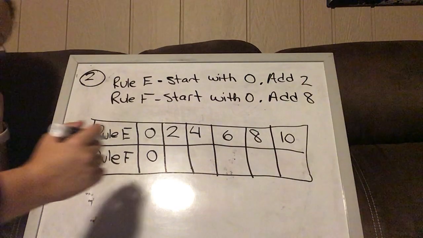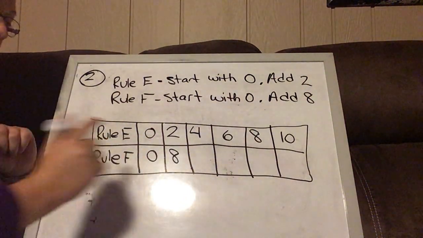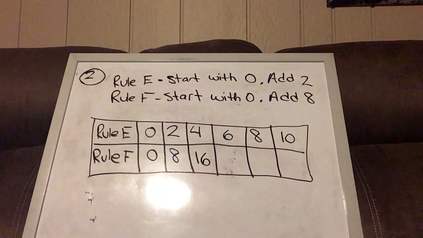Alright, then my 8's, I add 8. So when I add 8 to 0, I get 8. And then you can go through your multiples of 8 to continue that one. 8, 16, 24, 32, and so on.